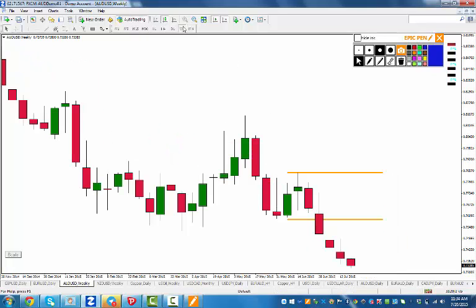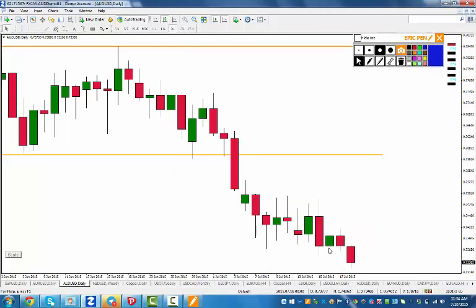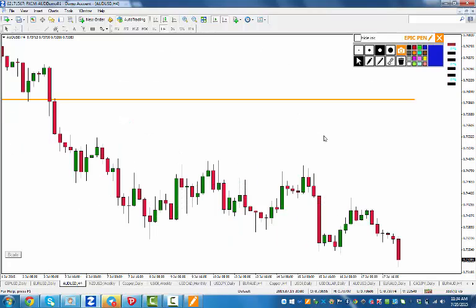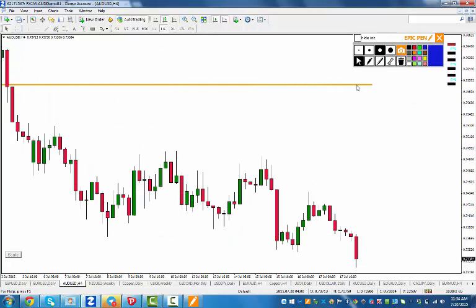Then what we can do is look for an intraday trade. Okay, you see this is the intraday trade, yeah? Daily is down, 4 hourly. Is there any good supply to look to sell? Right, so from the current price, this is the current price here, we just look up.